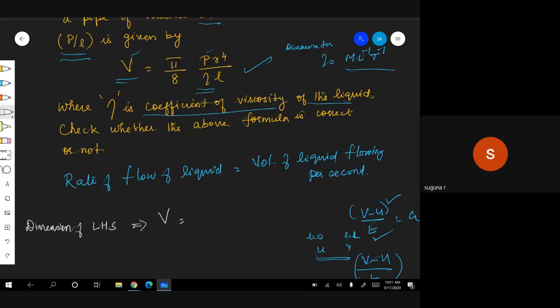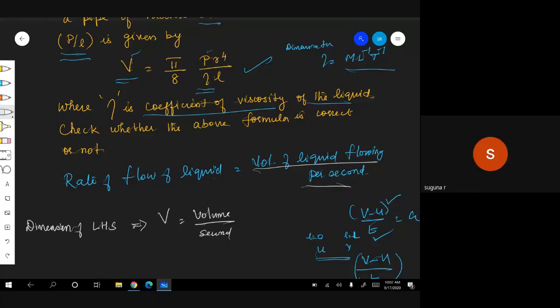V. What is the dimension for V? What is V? Volume of the liquid flowing per second. That is volume per second. It is the rate of flow. Are you following?